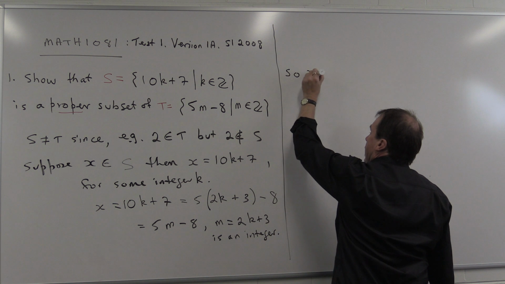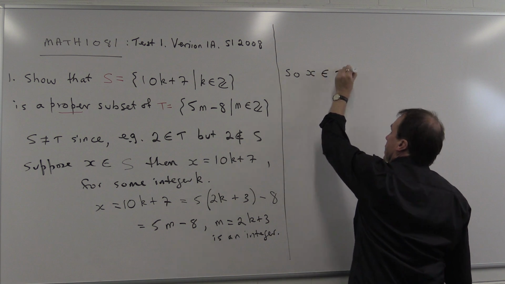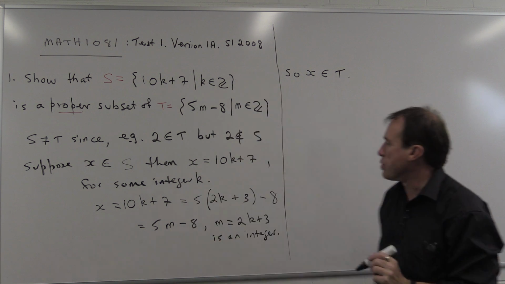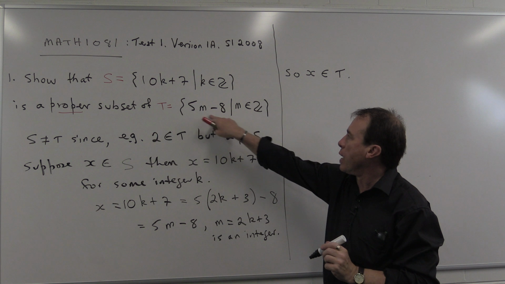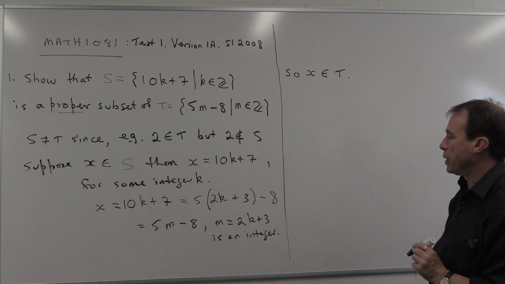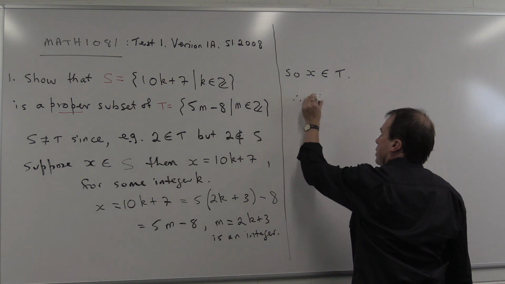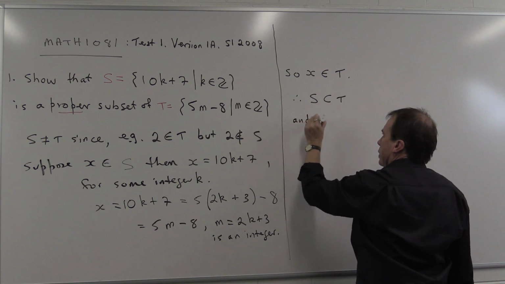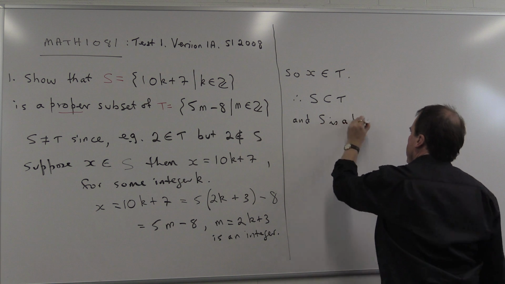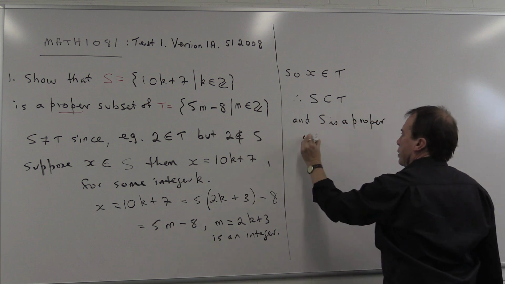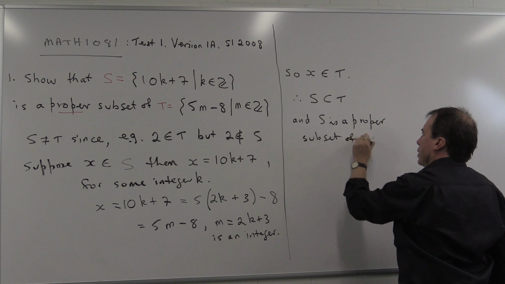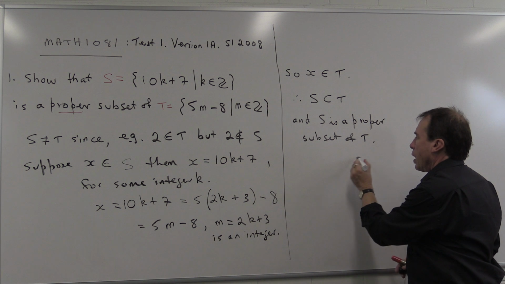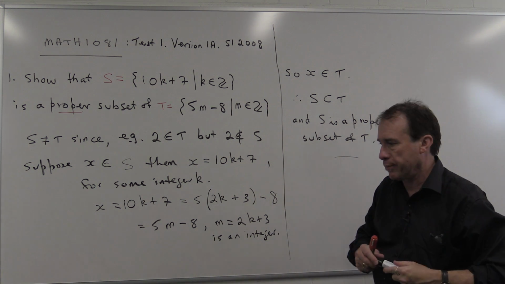So that means my x then belongs to the set T. So I started off with an object in S, done something to it, and I've shown it also has the same shape as the numbers in T, and so X belongs to T. Conclusion, therefore S is a subset of T, and S is a proper subset of T, because we've shown the 2 sets were not equal right at the beginning. So that's the solution to the first question.